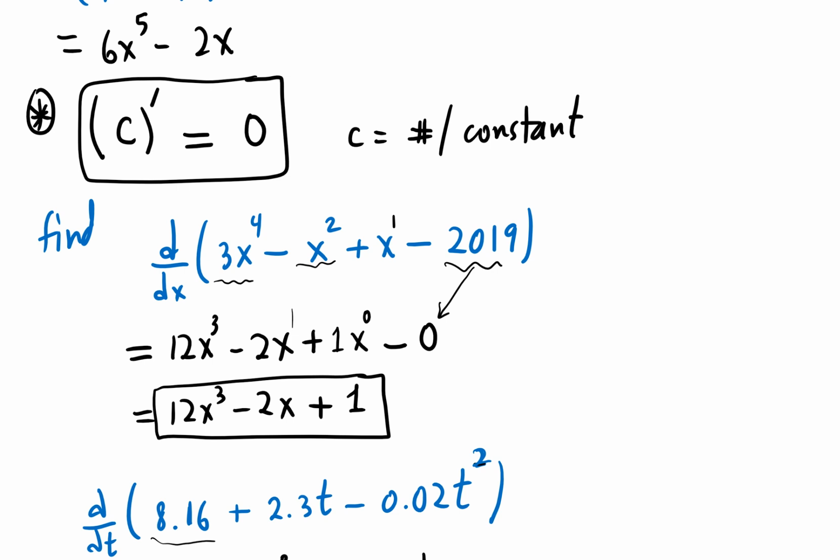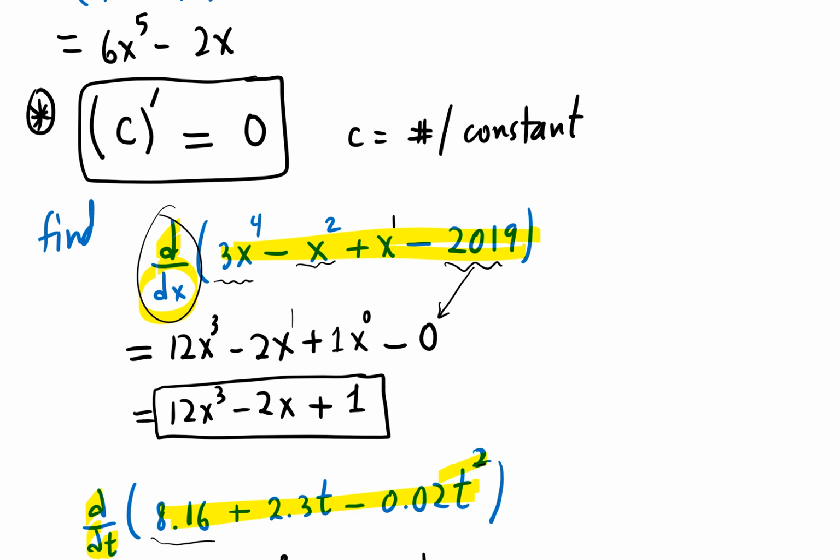By the way, this symbol here says to find the derivative of all of this with respect to the variable x. Here, find the derivative of all of this with respect to the variable t.